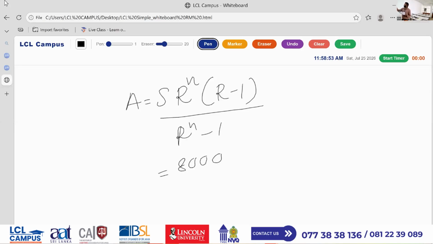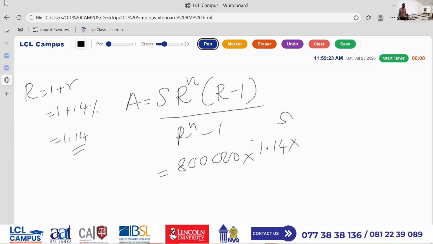800,000. 800,000 into, what is the rate given? 14%. That means capital R equals 1 plus simple r, that is 1 plus 14%, which is 1.14. 1.14 to the power 5, after 5 years.